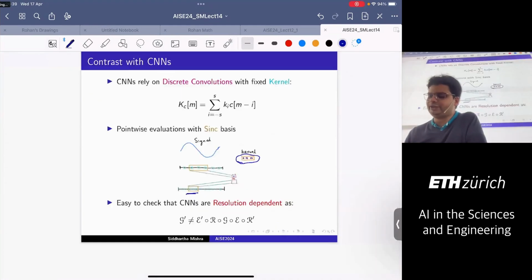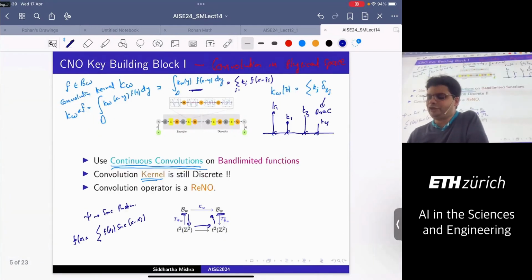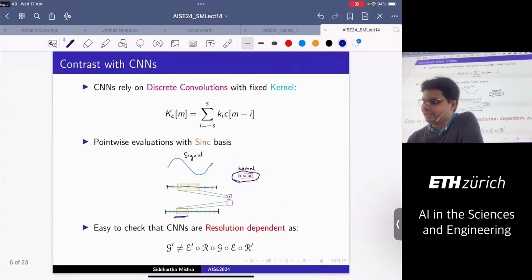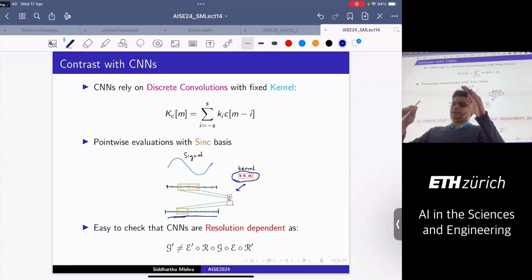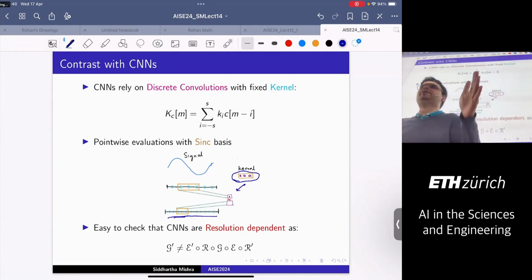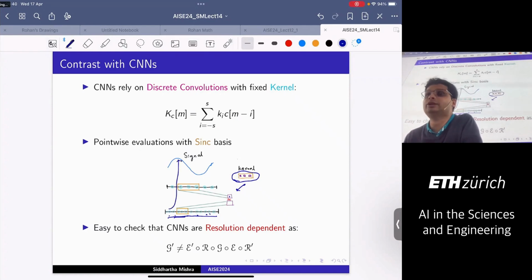Now the difference here is that we are working with these band-limited functions, and because there is a clear correspondence between the continuous and the discrete, this is how you do the convolution operation. This value is as before. Now when we work with this new signal, because you have a correspondence between the continuous and the discrete, which is exact if the Nyquist barrier is satisfied, you take these point values and lift them up to the continuous level.